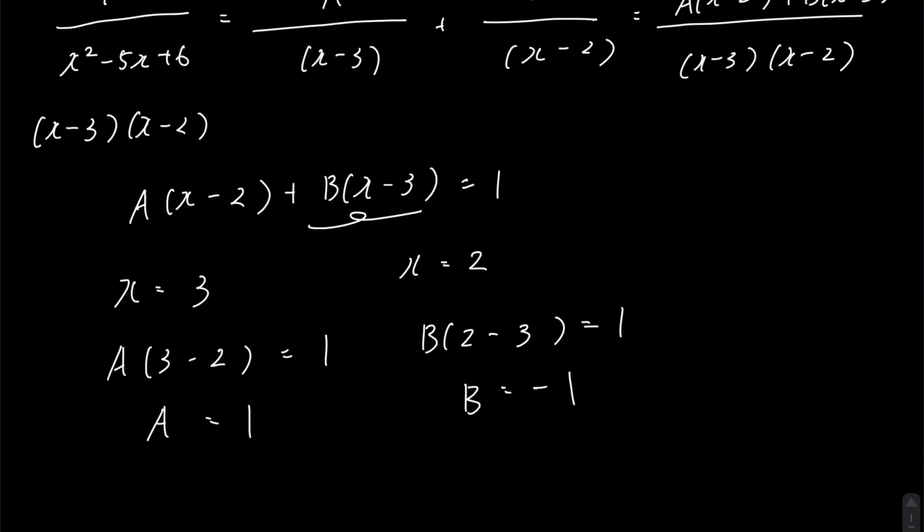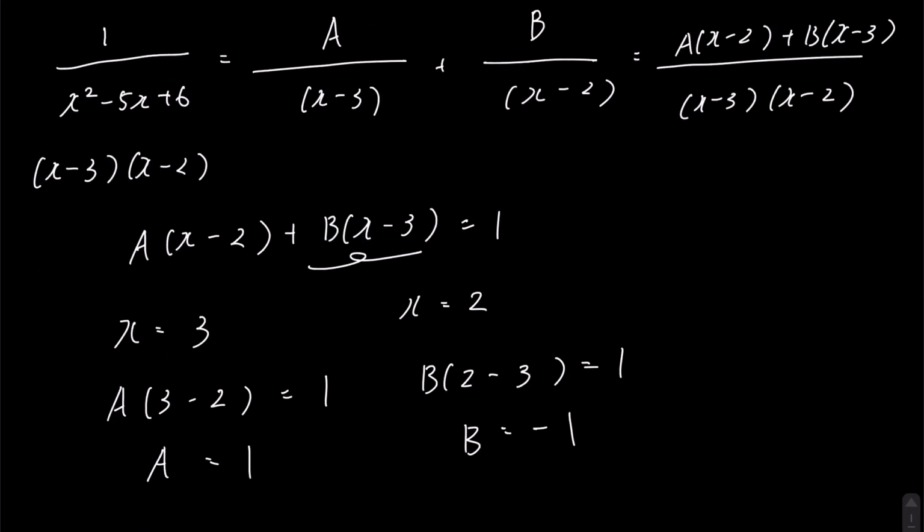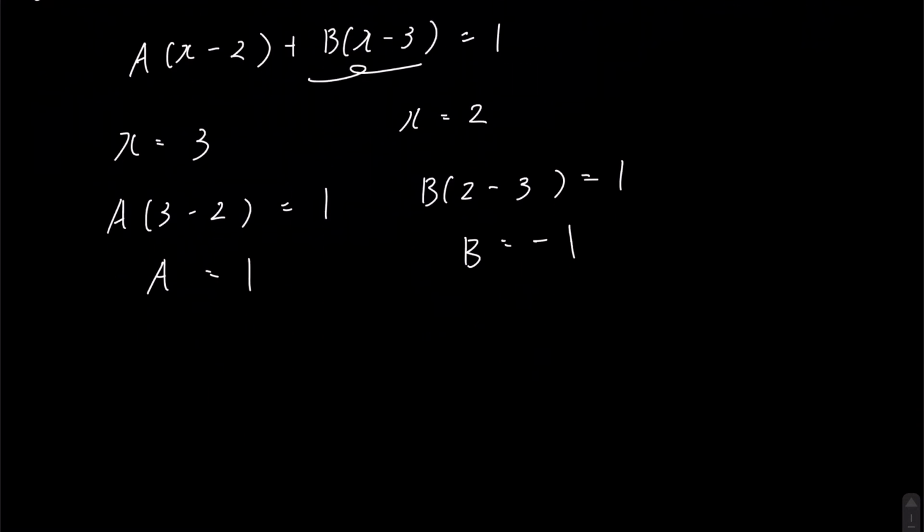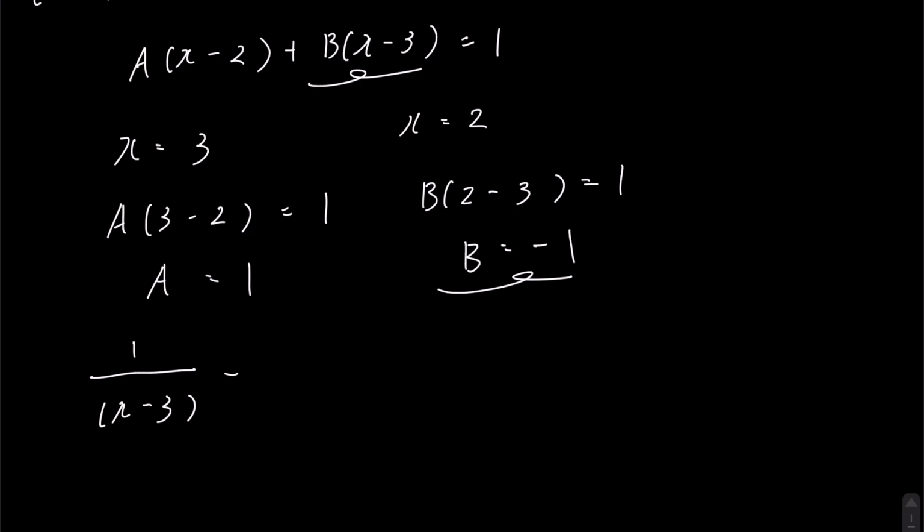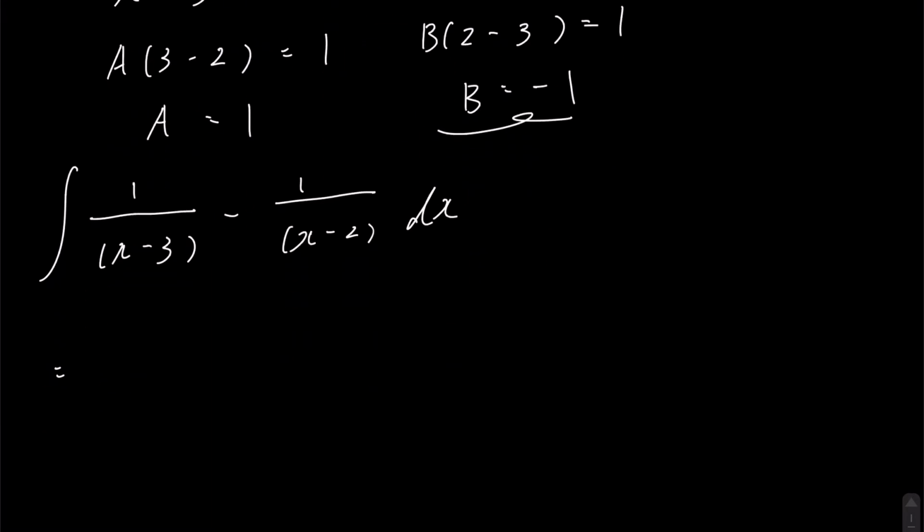Next, you just have to plug those values into this equation. So 1 over x minus 3. Since our b is negative, we put negative instead of plus. Don't forget, we have to take the integral of that. And now you just have to integrate the value.